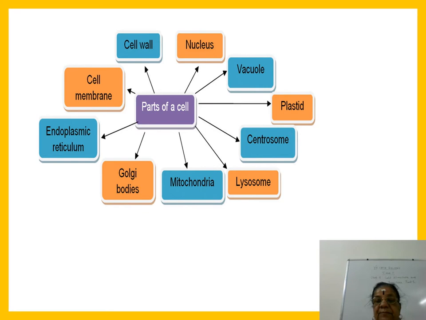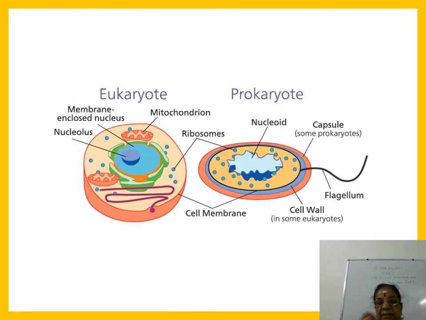I hope you understand. The next one is prokaryote and eukaryote. The membrane-bound nucleus has an outer nuclear membrane, and inside that the nucleoplasm with the nucleolus and the chromatin network.